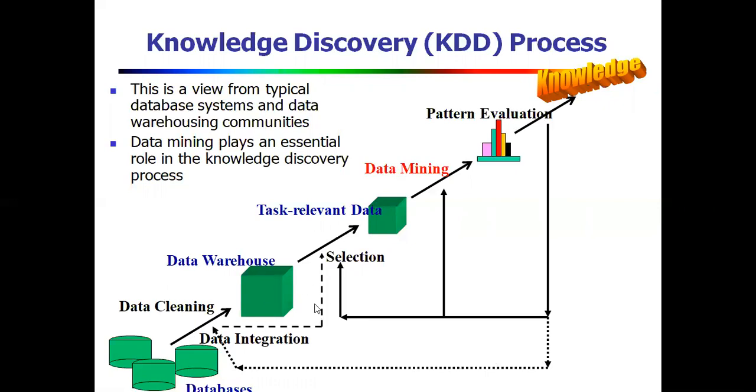Each and every time it goes through the refined model, and once one cycle is done, it has to be integrated. Like that, it keeps on increasing. That is, after data cleaning it goes to data warehousing, and from the data warehousing all the processes are taken in data mining to give your data.